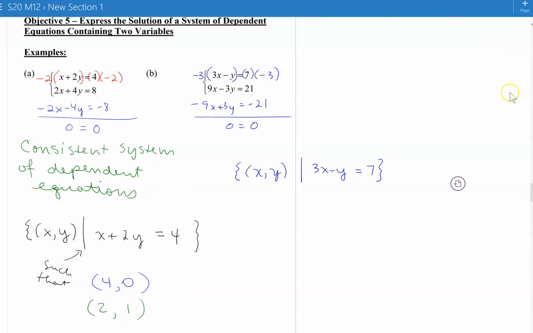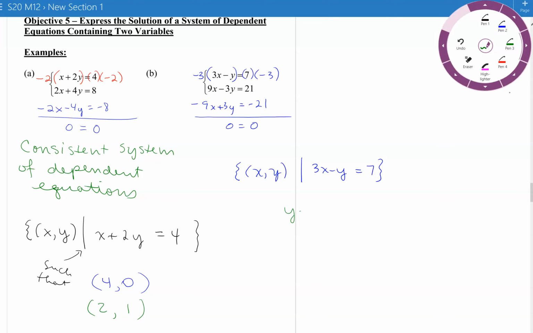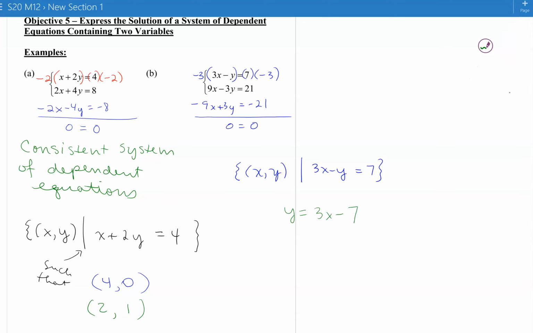So you can also write this by solving for y and saying y equals 3x minus 7. And you can say the set of all x, y such that y is 3x minus 7, where x is any real number you like.